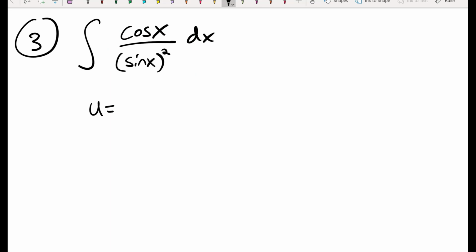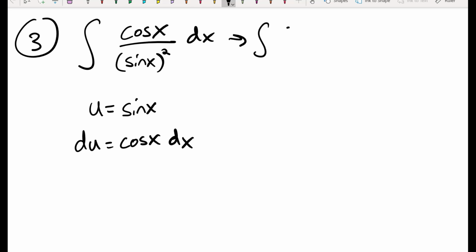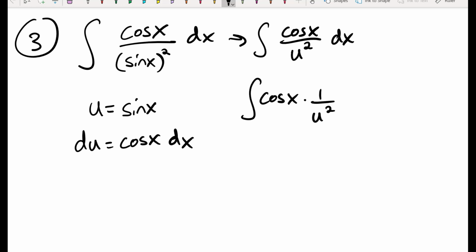If I let u be equal to sine of x, and I take the derivative, remember the derivative of sine is just cosine, my integral currently looks like this. The integral of cosine of x over, instead of sine of x, I'll just write that as u squared dx. And again, if you're having trouble seeing what's here, separate it. I've got a cosine of x, I've got a 1 over u squared, and I've got a dx.